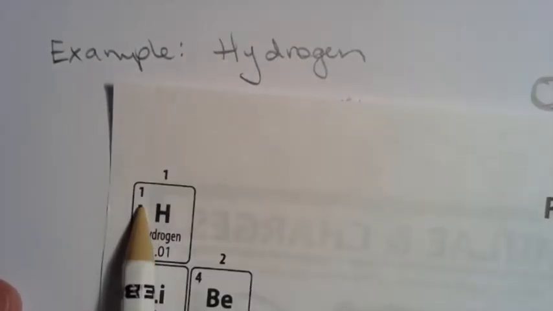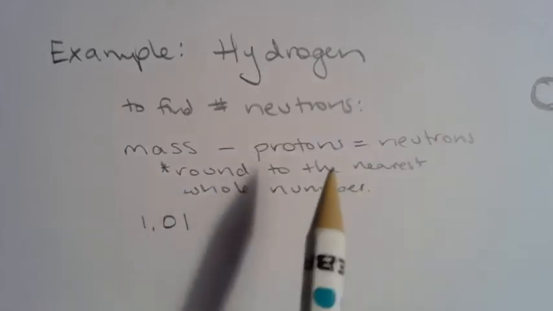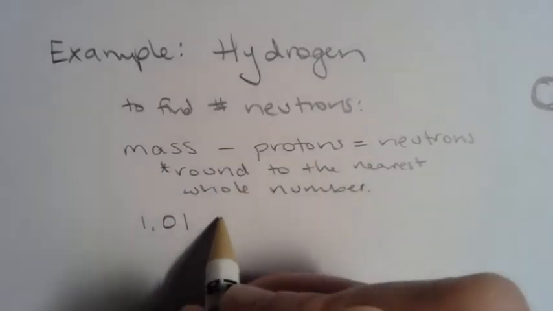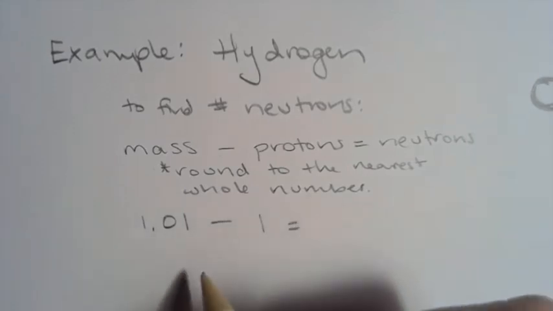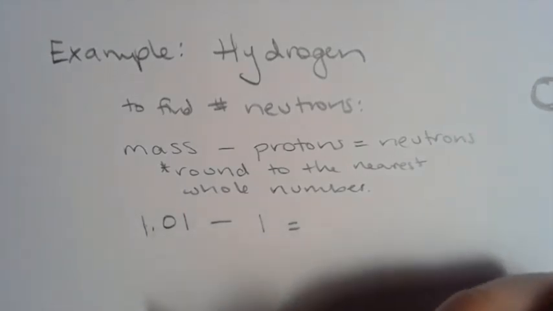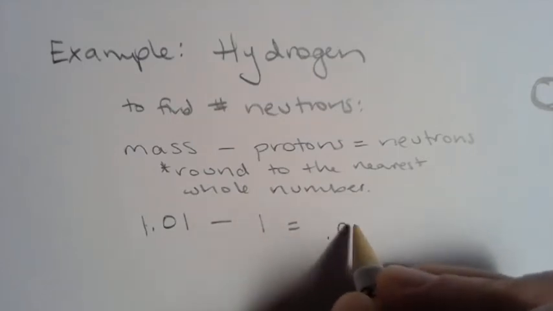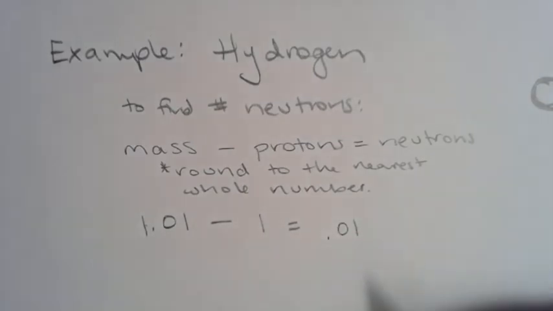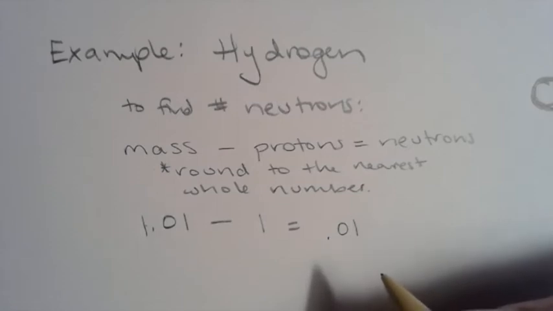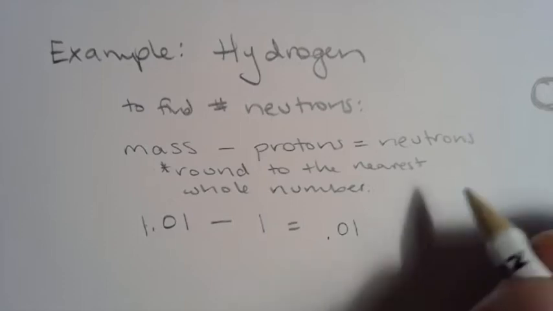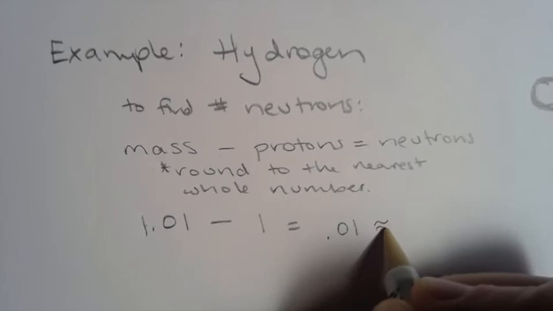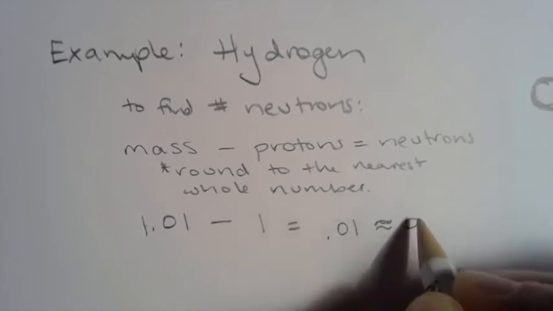That's the atomic number up here. Number of protons, so mass minus protons equals number of neutrons. 1.01 minus 1 is 0.01. If you were to round that to the nearest whole number, we would say 0.01 is closer to 0 than to 1. So in this case, we round that to the nearest whole number, and that is 0, no neutrons.